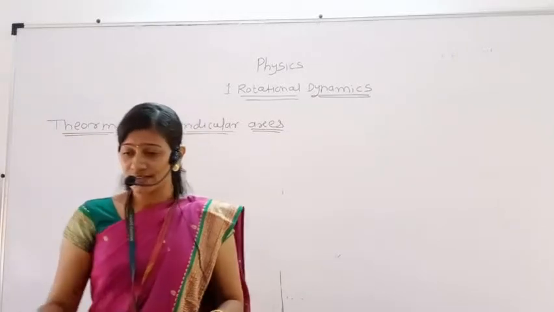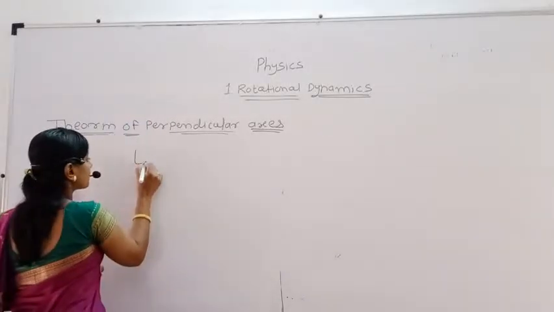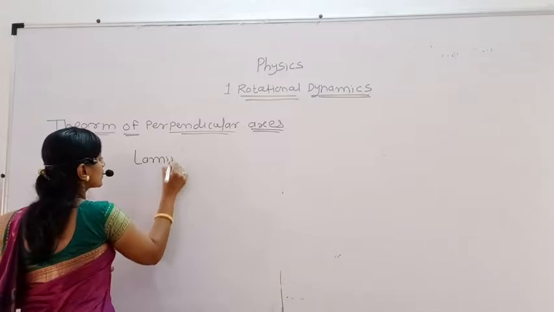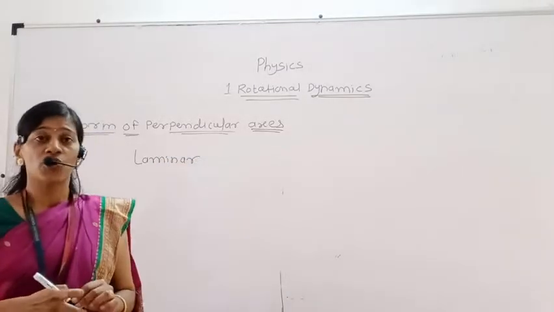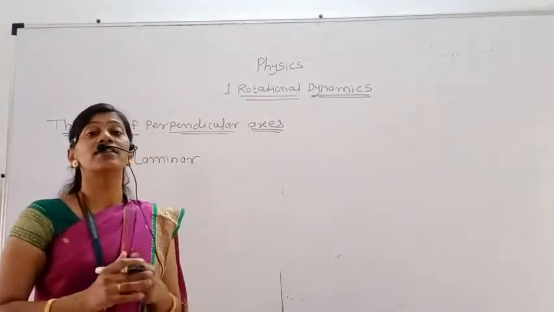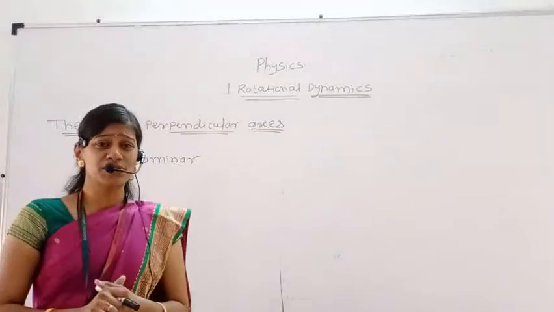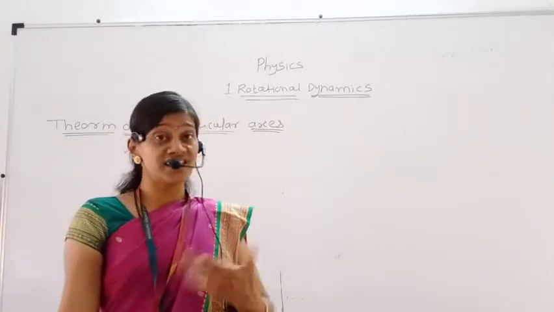See, this theorem is related to the laminar body. This theorem is applicable for the laminar body. Laminar body means what? Simple thing. If I want to give an example of a laminar body, it is a lift.